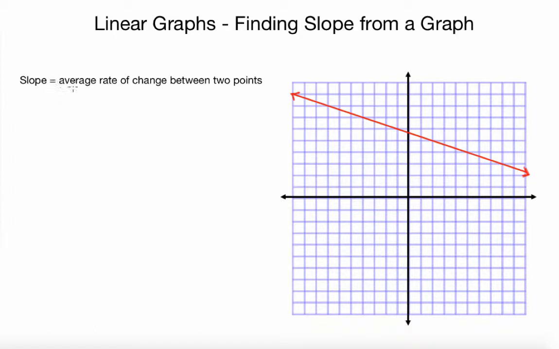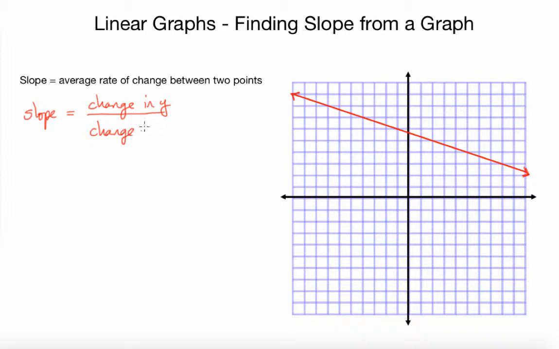Slope is just the average rate of change between 2 points. All I need is 2 points, and I think about how much change is happening, and I divide them to get a rate. Another way to think about slope, a more formulaic approach, is that slope is the change in y, so how much change vertically, divided by the change in x.